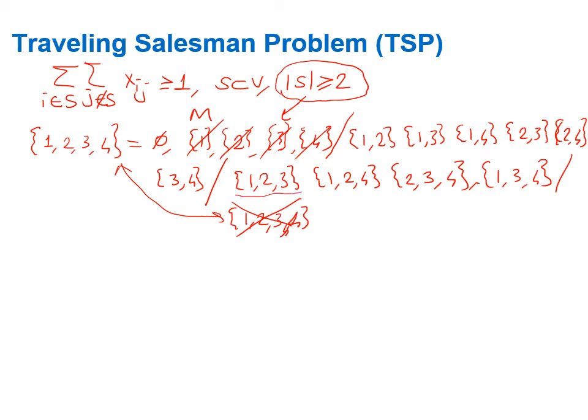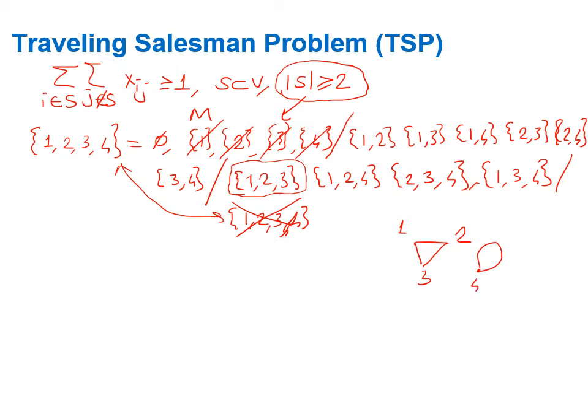Okay, let's consider these 3-element subtours. 1, 2, 3. We want to write an elimination constraint for this one. But if we have a subtour between 1, 2, and 3, then the remaining one is 4, which means that we will have such a subtour.